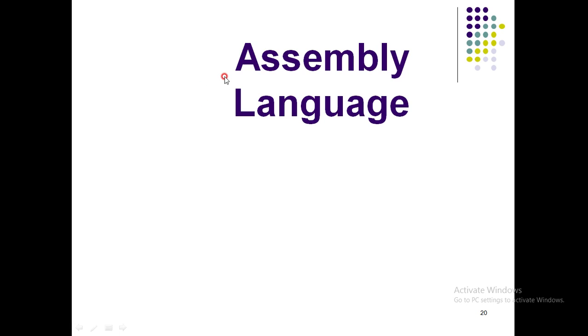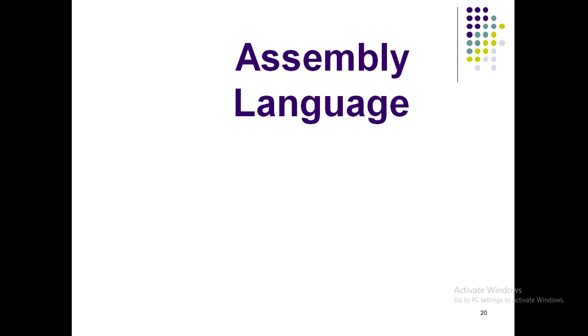As all of you know, our computer understands only ones and zeros. That is, the language of our computers is digital. Then it becomes very difficult for us human beings to tell everything in terms of ones and zeros.